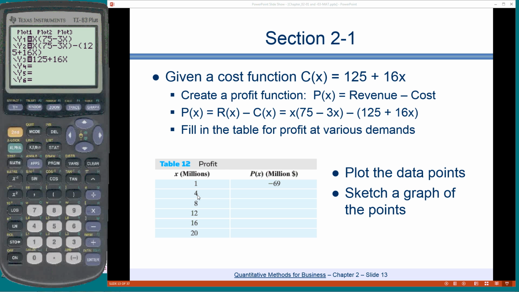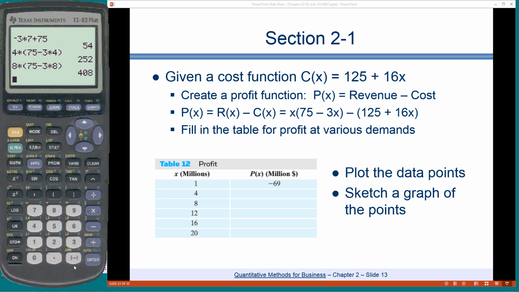Well, to get the profit for a demand of 4 million units, I would just plug in 4 in three different places in my profit equation, and it'll tell me what the profit is. Let's go do that. And again, when you're in a window like this and you want to get back to your home screen, you do quit. So I'm going to do second quit.